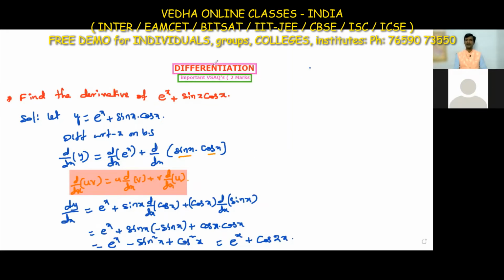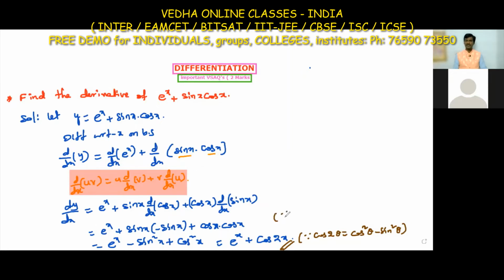It is the cos 2 theta formula. Okay, here this is the final answer. And here cos 2 theta is equals to cos square theta minus sin square theta is the formula. Okay, and after that we are using the differentiation formulas also.